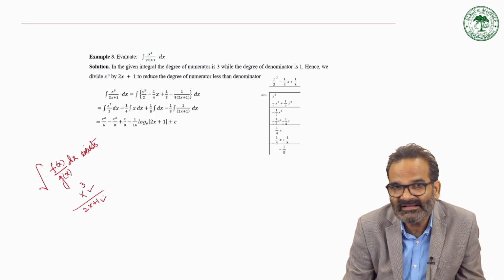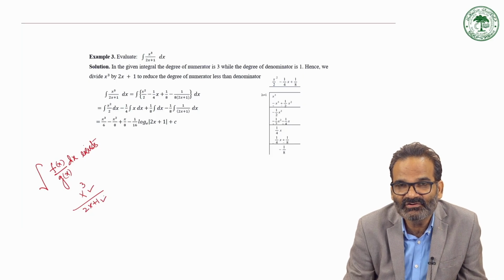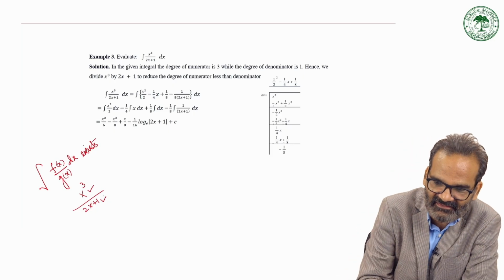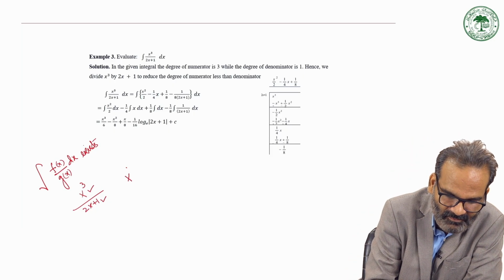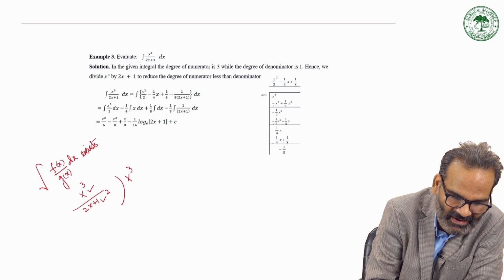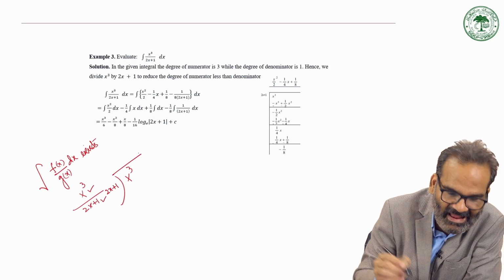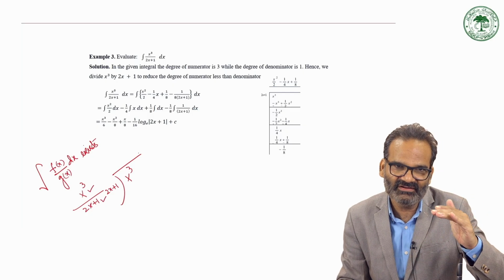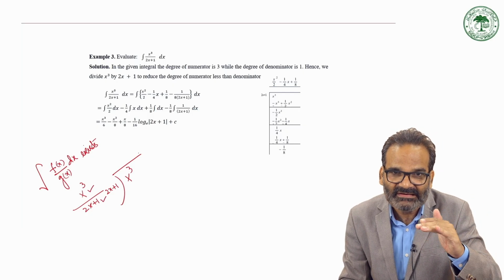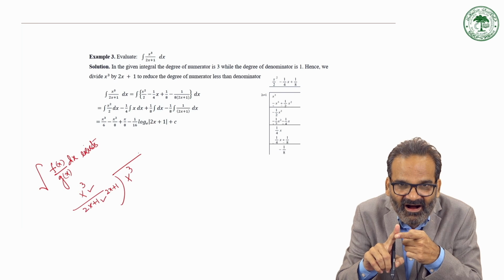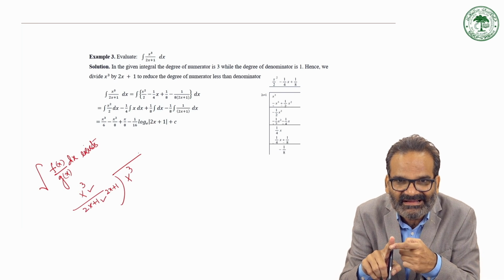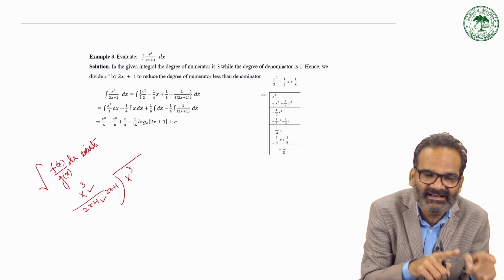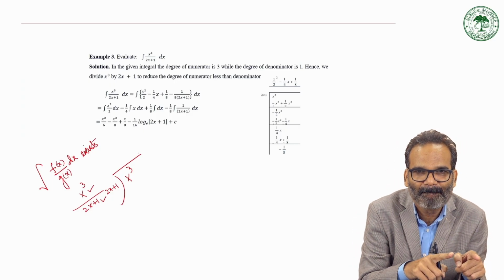So what is the technique which we can use? That is only division. We will divide x cube by 2x plus 1 as usual, as we divide numbers, and the process of division will continue till the degree of the remainder is less than the degree of the denominator.